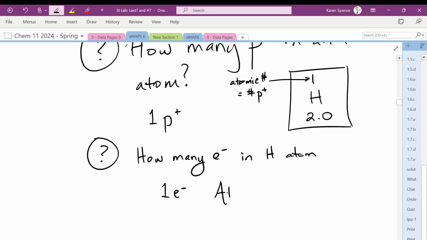Atoms are what charge? Tell your partner, what charge are atoms? Atoms are neutral, which means that if you have 1 positive particle, you must have 1 negative particle.